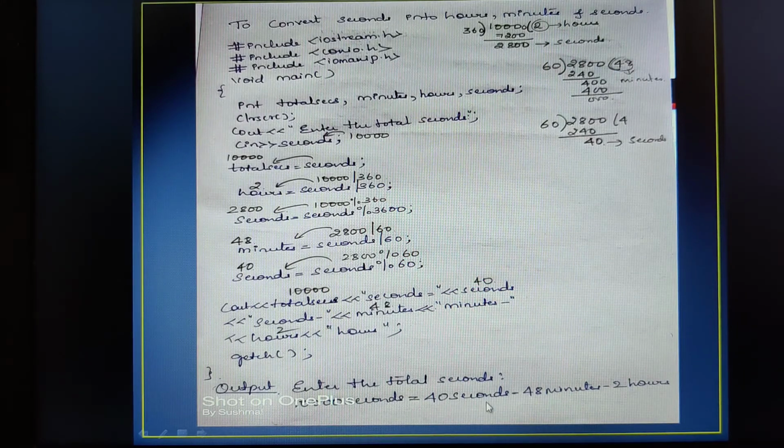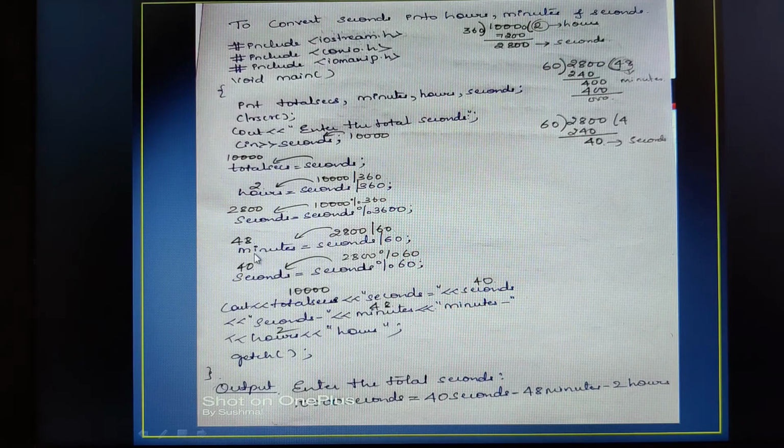Then seconds is equals to, this is a static string. This is 10,000 total seconds followed by the static string seconds is equals to, followed by I want the 40. In which variable is 40? 40 is in the variable known as seconds. Therefore, seconds followed by stream insertion followed by the static string seconds hyphen, then followed by the minutes.